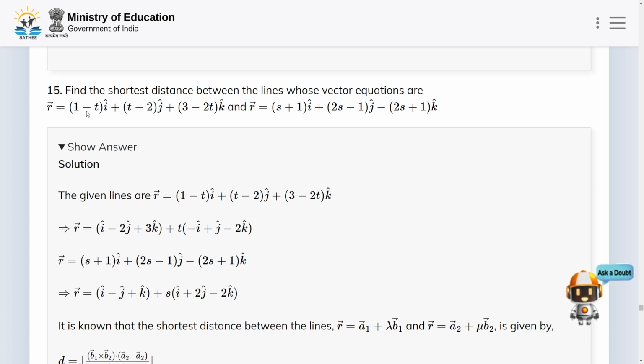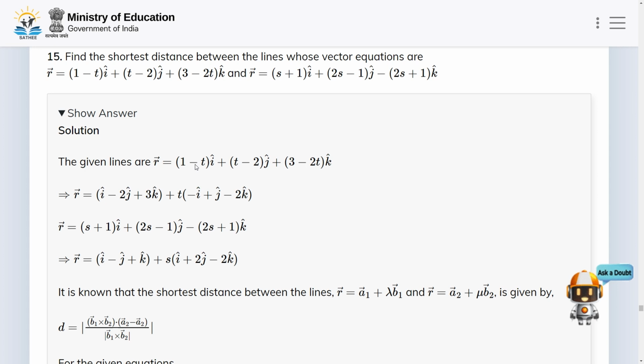As you can see, originally your vector form for your lines is given in this form. This means you have to separate your things. In order to separate, you have to first distribute this i hat, j hat, k hat.